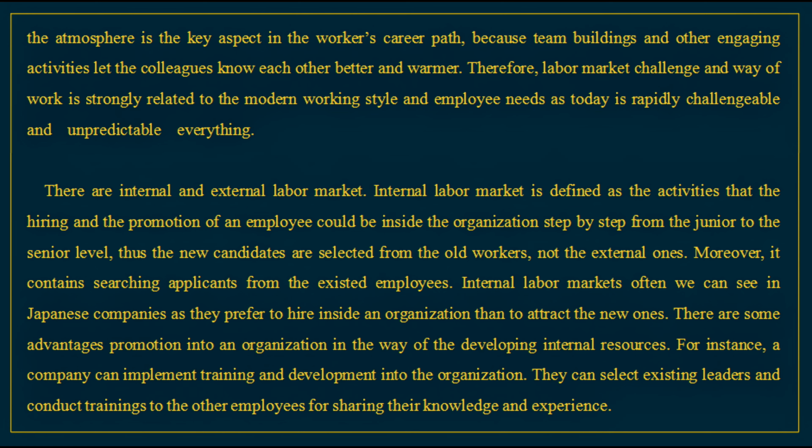Internal labor markets we can often see in Japanese companies, as they prefer to hire inside an organization rather than attract new ones. There are some advantages of promotion within an organization in the way of developing internal resources. For instance, a company can implement training and development.